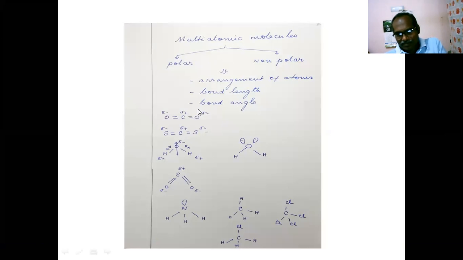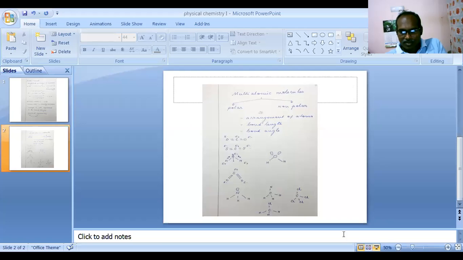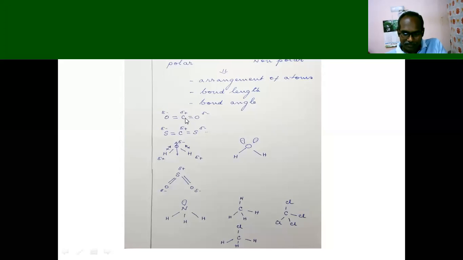Look here. First, I would like to take the carbon dioxide molecule. In the carbon dioxide molecule, carbon is at the center. On one side we have oxygen, and on the other side we have oxygen. And we know that oxygen is found to be more electronegative than carbon.